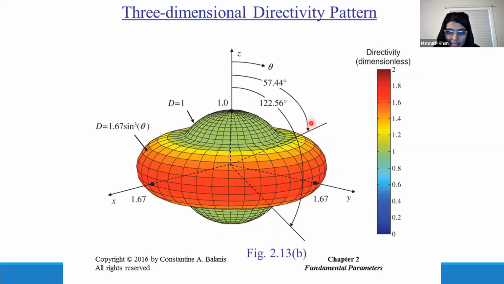They are mentioning that the half power beam starts at 57.44 and goes to 122.56. So it is less directive before this point and after this point, but it is more directive in this region, right? Another thing you can see is that its maximum directivity is 1.67, which happens at theta equals 90 degrees. So are we clear about this?